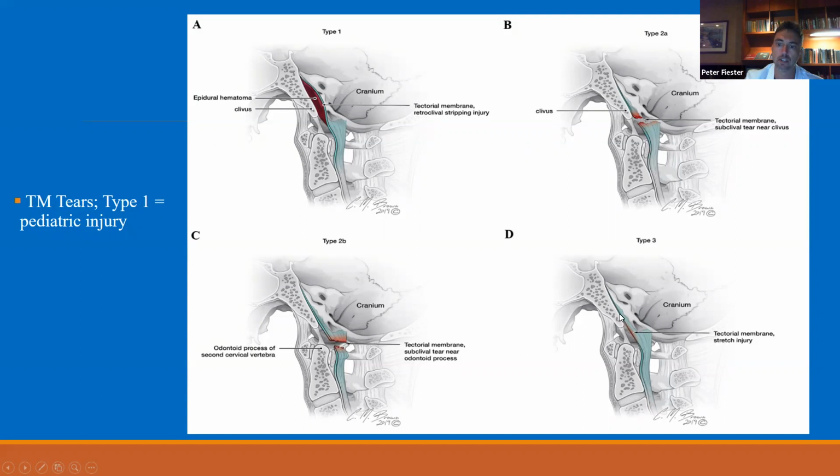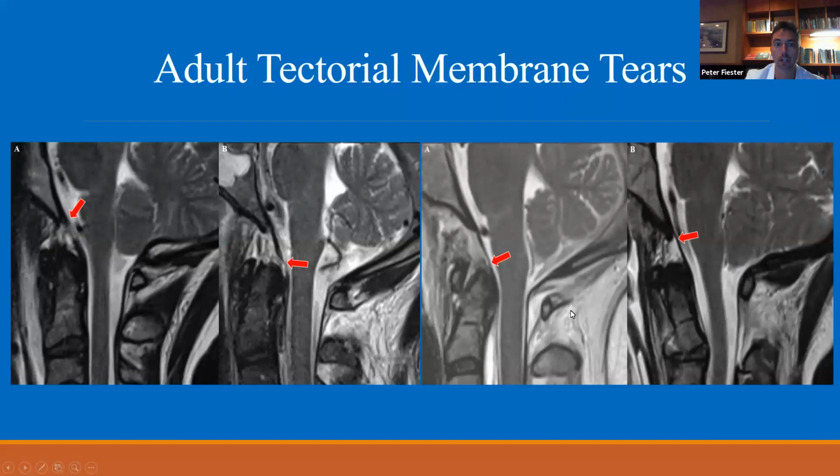And in some patients, they can have a partial tear of the tectorial membrane. So in adults, you have tears where there's a gap near the basion. This is a gap that's near the dens. And then you get these weird injuries where the tectorial membrane just looks thinned out and stretched, and they're probably a partially torn tectorial membrane. But that's the gamut of tectorial membrane tears that you see on MRI anyway.